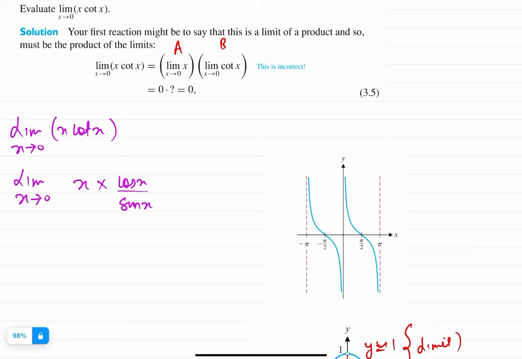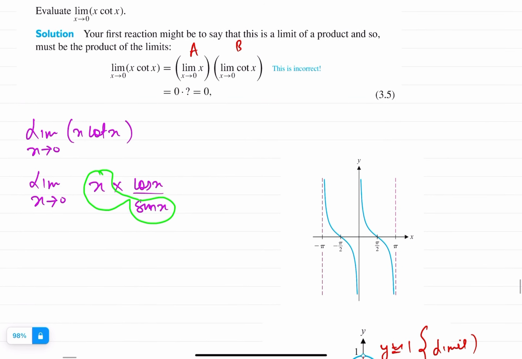Now we must observe whether the terms x, cos x and sin x have any kind of relation between them. Yes, I can see that there is a relation between x and sin x. So we will take them aside: the limit as x approaches 0 of x over sin x, times cos x.